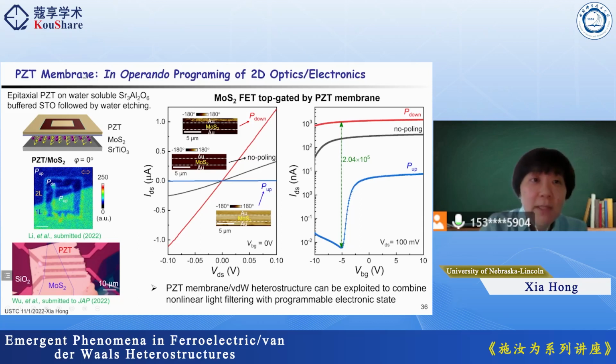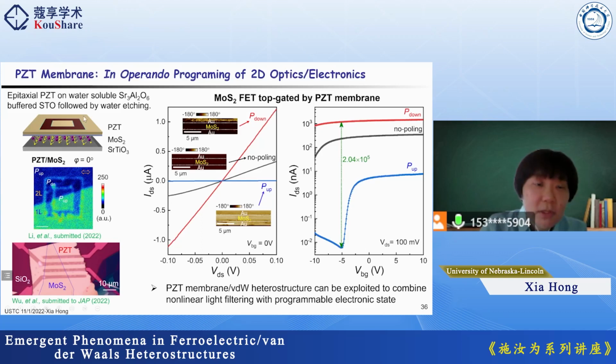This is done by epitaxial growth of ferroelectric oxide on a water-soluble buffer layer and etching the buffer layer away. Then we can pick up the oxide membrane and stack it with van der Waals materials, similar to how you would fabricate a van der Waals heterostructure.